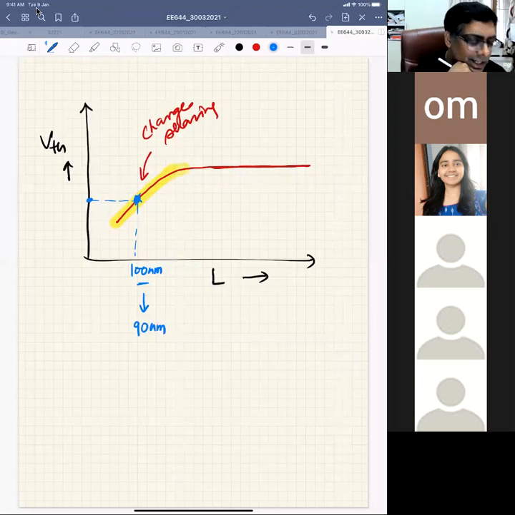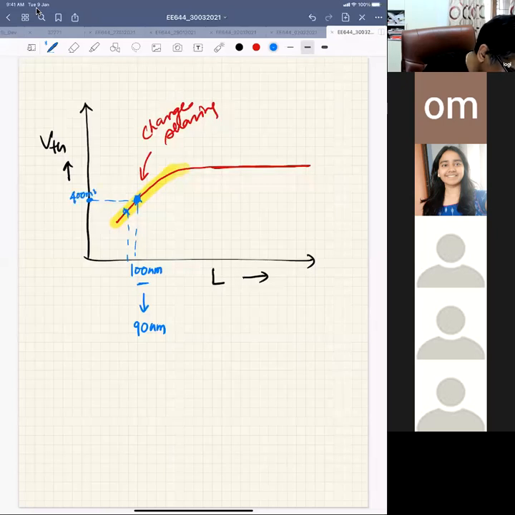When it becomes 90 nanometer, your threshold voltage reduces. You are planning for, let's say, 400 millivolt threshold voltage, but what you actually get is maybe 350 millivolt. So your threshold voltage reduces, which means all your things will be affected, your current and all those things, right?